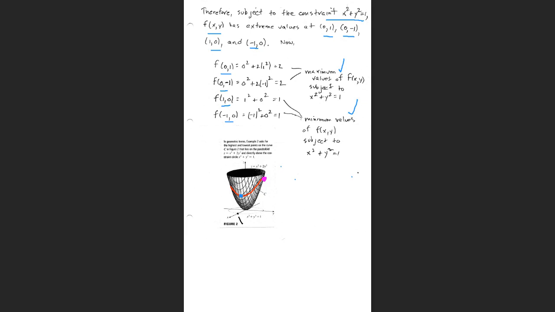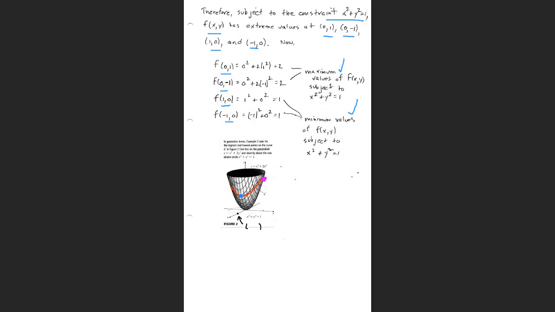What's the coordinate for that point there? What's X and Y? 1, 0. That's right, Norina. Very good. 1, 0.